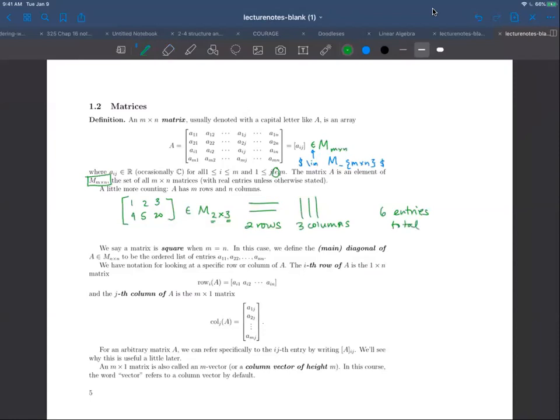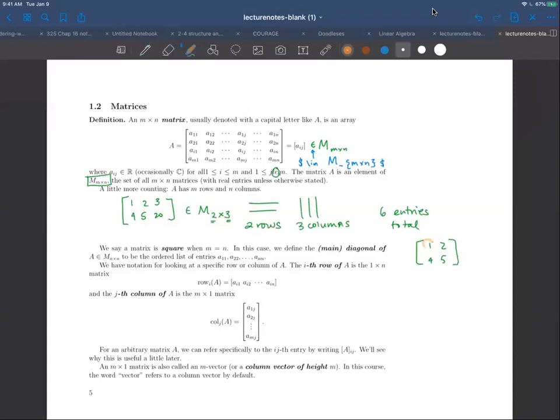If I have the same number of rows and columns, we call the matrix square. So if I had written instead 1, 2, 4, 5, this is a square matrix, and you see why we call it that. It sort of looks square, right? We've got the same number of rows and columns, and when we actually write it out, it kind of looks like a square shape. There are some pieces of this matrix, a particular set of entries that we're interested in.